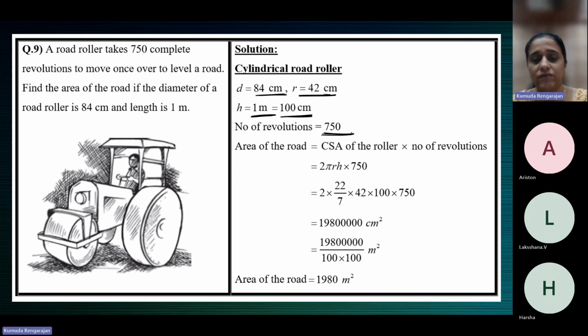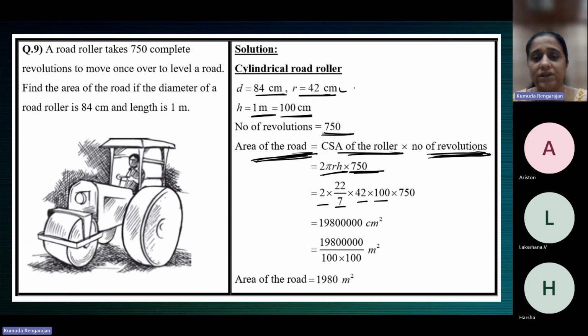Number of revolutions, 750. The area of the road is equal to the curved surface area of the roller into the number of revolutions, 2 pi RH into 750. That is 2 into 22 by 7 into 42 into 100.